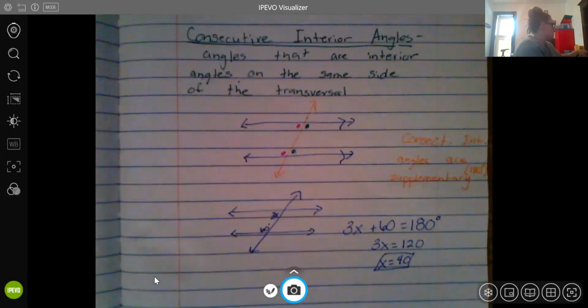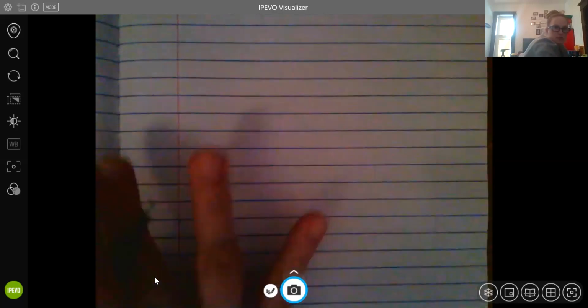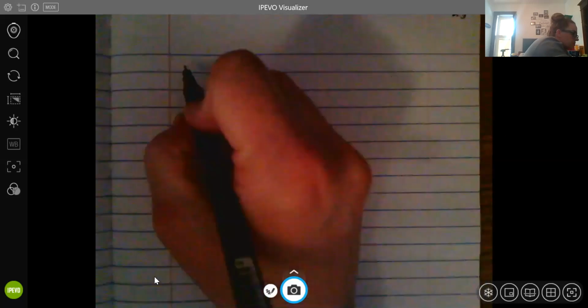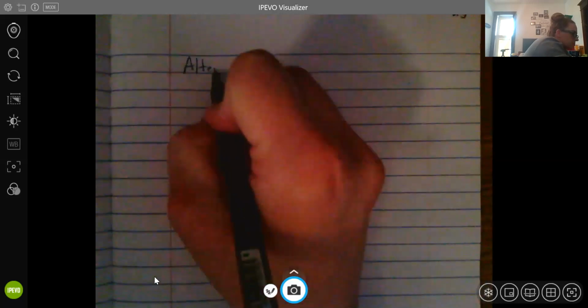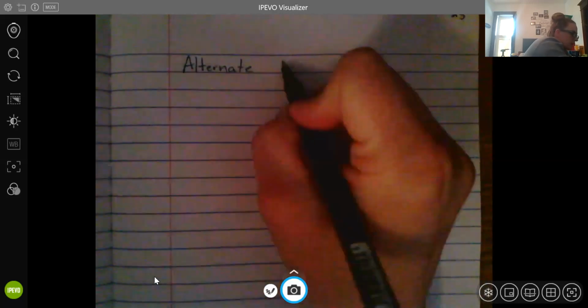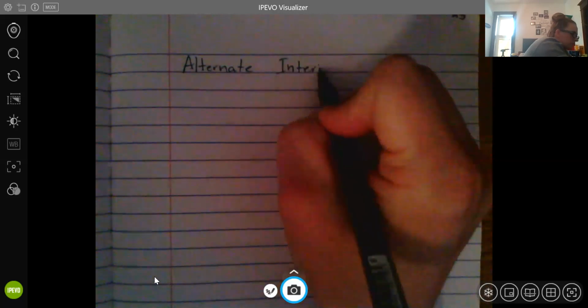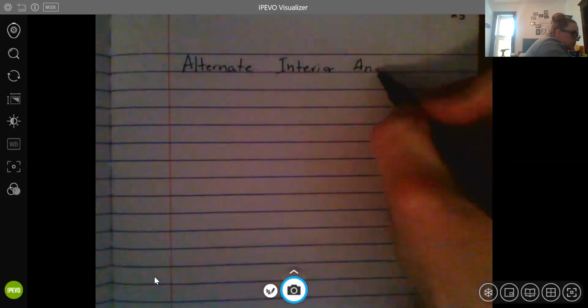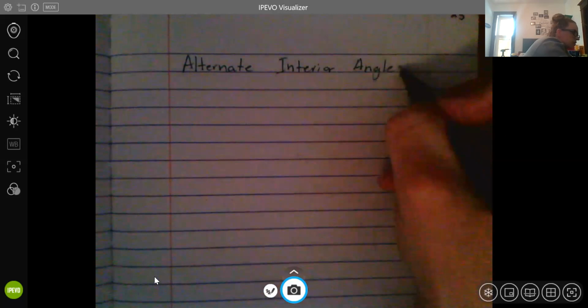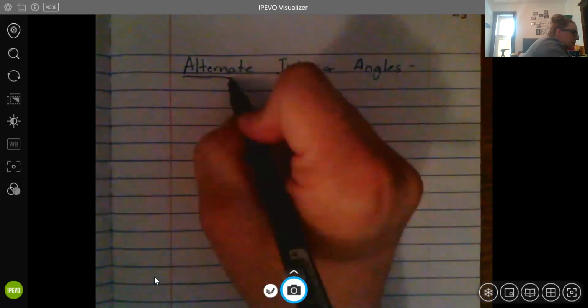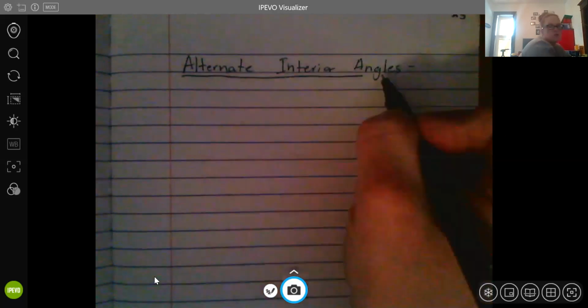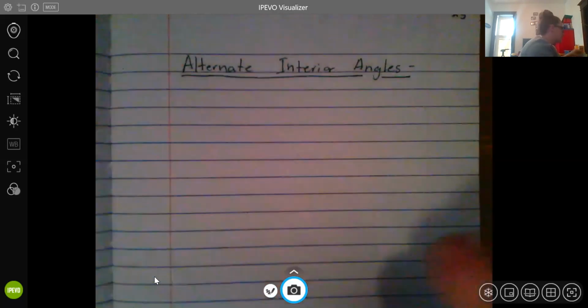All right, I'm going to change my page now to talk about my next set of angles. The next ones I'm going to talk about are alternate interior angles. So let me slide back up. Alternate interior angles. These are similar to consecutive interior angles, except they are not on the same side of the transversal. They're going to be on opposite sides of the transversal.